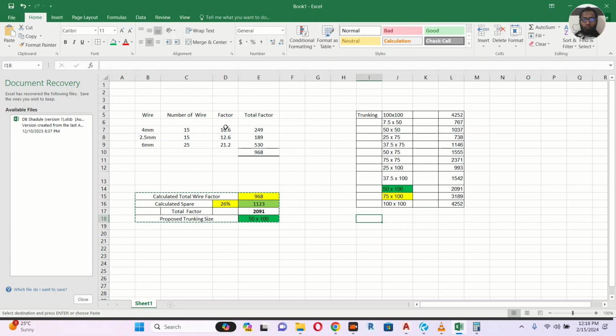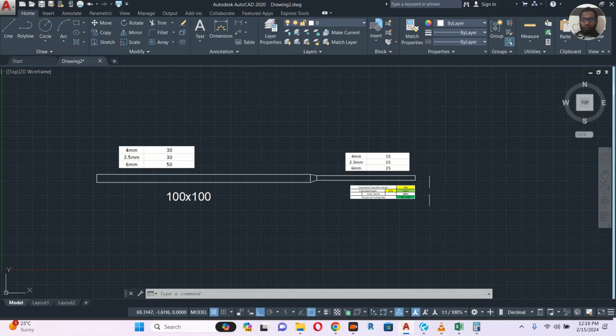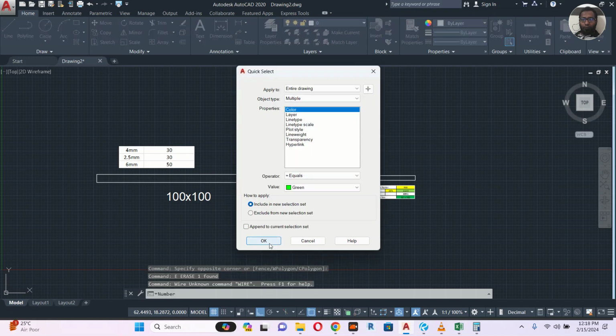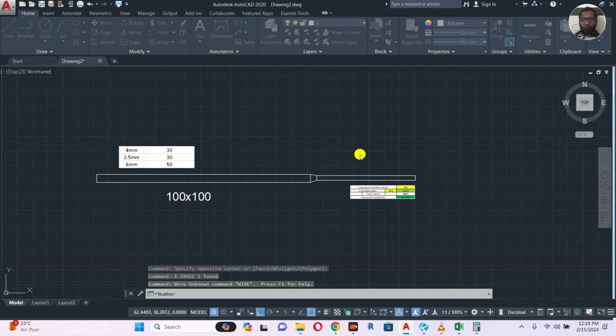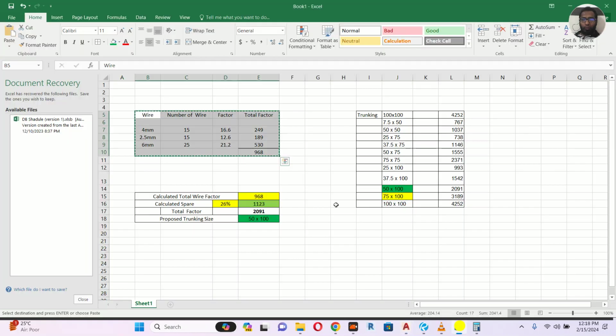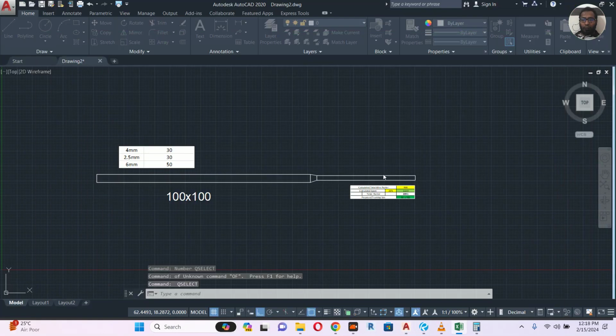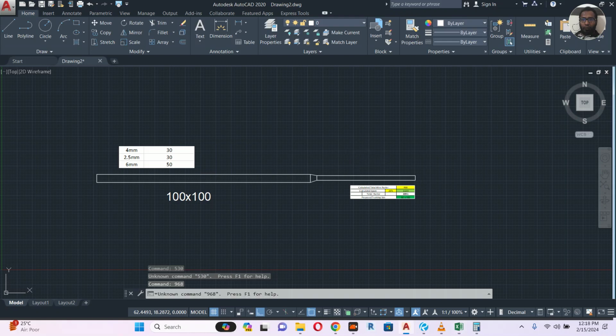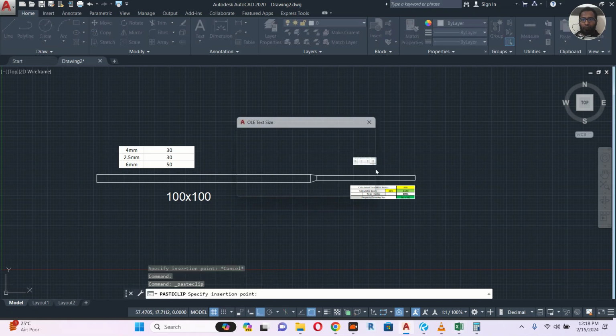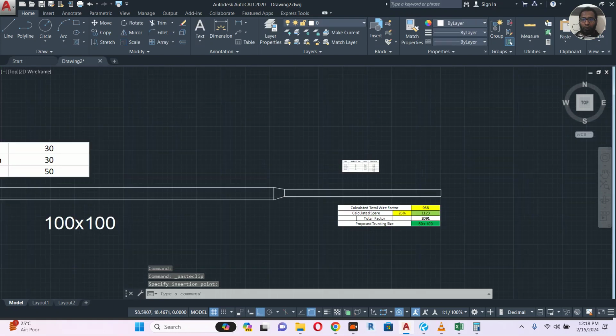Okay, if you want to put this one, not only this, you can copy this one better. So not only wire, so they will know everything. So paste here. Control C, Control V. Okay.